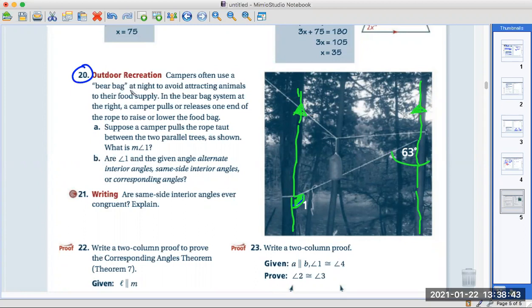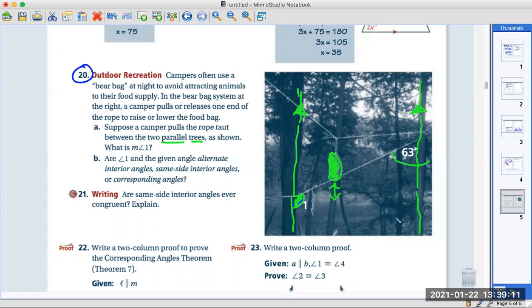Campers often use a bear bag at night to avoid attracting animals to their food supply. In the bear bag system at the right, a camper pulls or releases one end of the rope. There's your food bag, to lower or make it higher, up and down, right? There's your food bag. Yum, food in there. Suppose a camper pulls the rope taut between the two, oh, here it is, parallel trees, as shown.